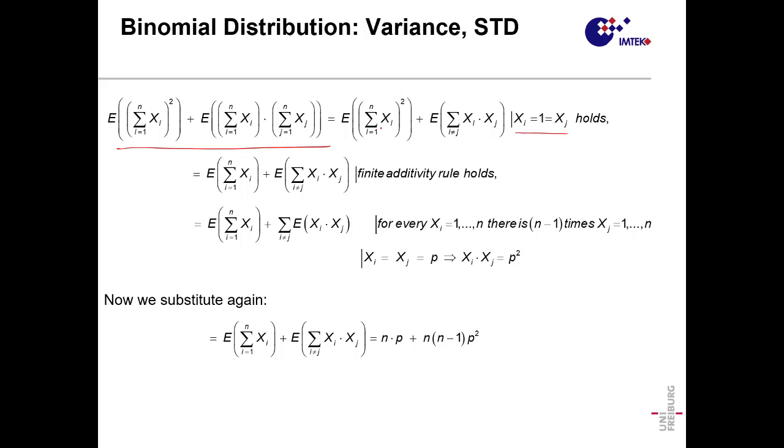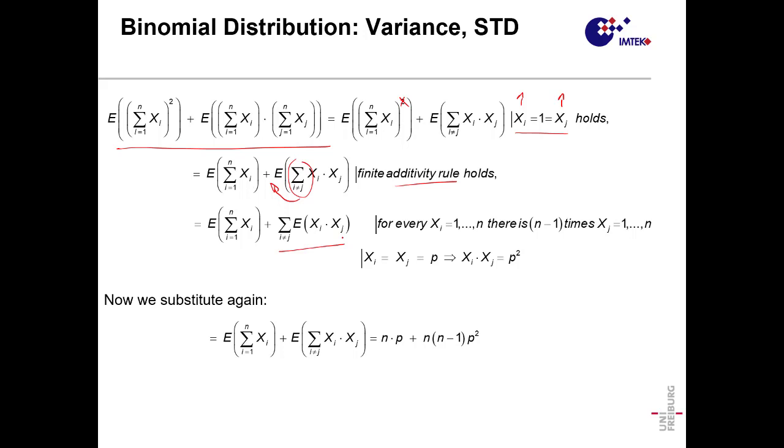And then 1 squared, no matter what xi or xj you have, the square will be gone because 1 squared is 1. Okay? Then you can also, by additive rules, take the summation outside, and then you can simplify this as the summation of the expected values multiplied by each other. Okay?